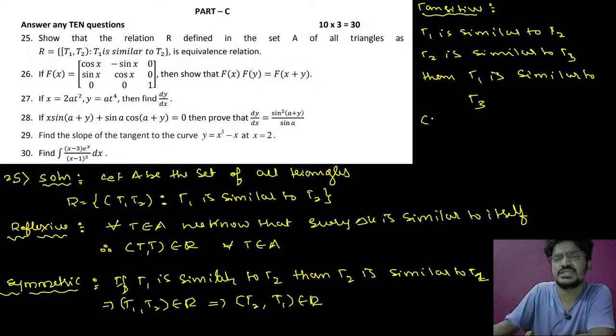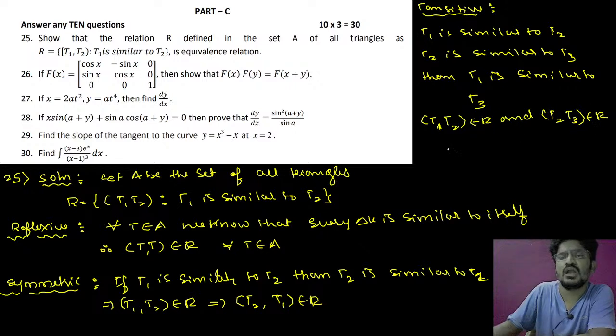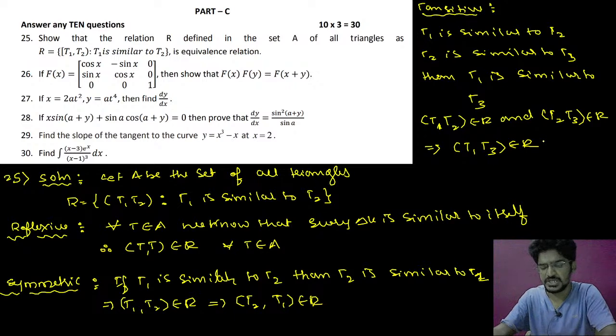That is, ordered pair (T1, T2) belongs to R and (T2, T3) belongs to R implies (T1, T3) belongs to R. So therefore it is transitive.